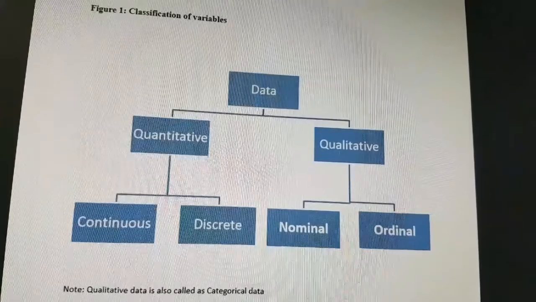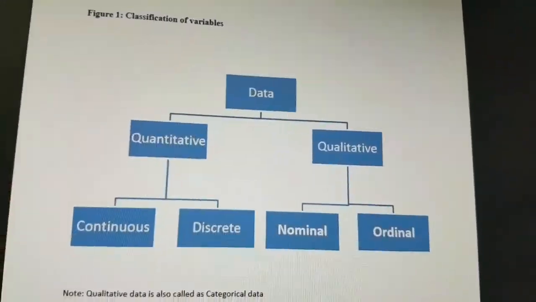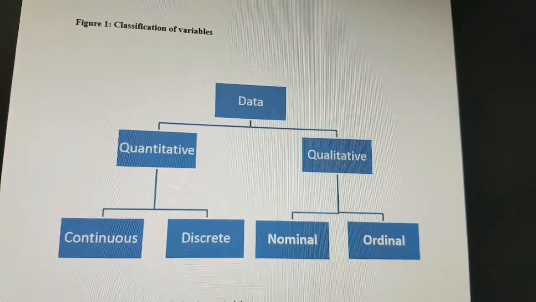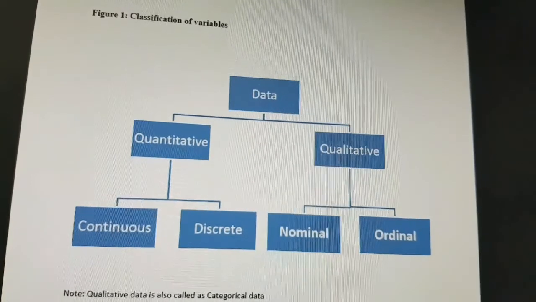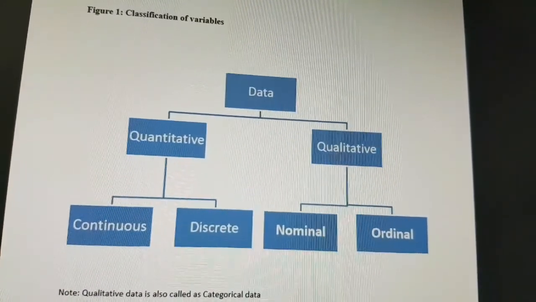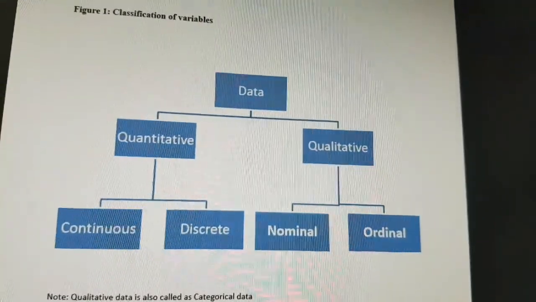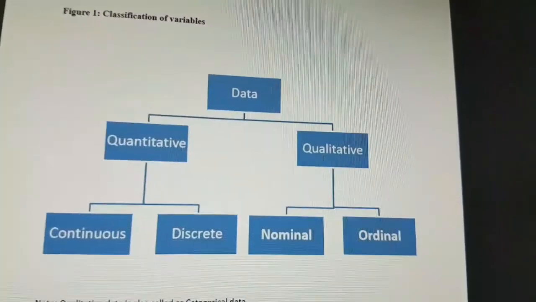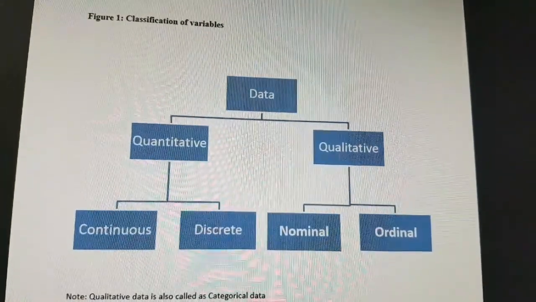Now we'll move to qualitative. Qualitative is also called categorical data or non-numeric. There are two types of categorical: one is unordered categorical and the other is ordered categorical. Unordered categorical data is the nominal data. There is no particular order.